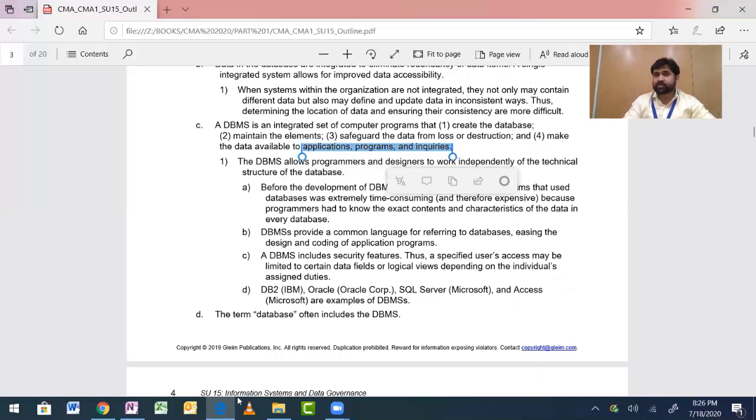So this is a database management system where you will create some computer programs which will help you in doing all these activities in regard to data. A DBMS allows programmers and designers to work independently of the technical structure of the database. Basically, you don't have to get too involved in the technical structure of the database. Still you can get the data. That is what DBMS does.